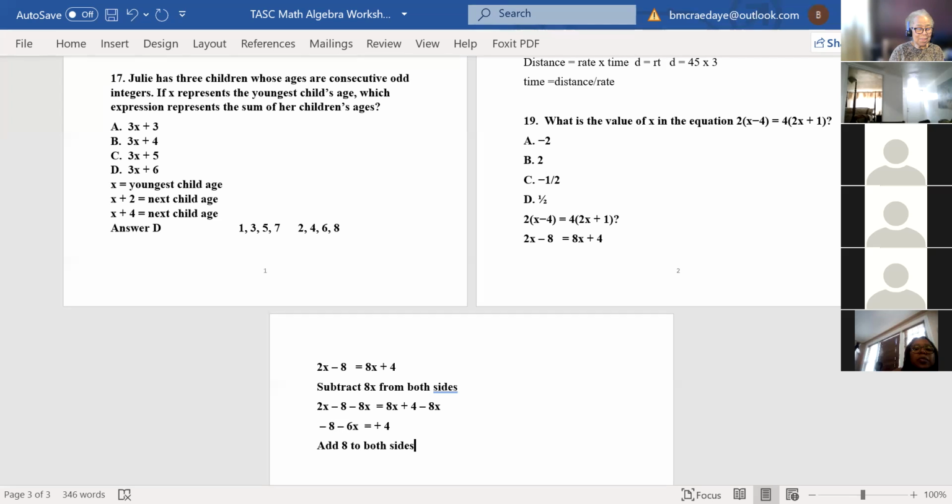Add the 8 to both sides. On the left, I'll just have minus 6x. On the right, I will have a 12, correct? Then solve for the x. Does everybody understand what I put for this one? Because I think you can continue from here. Anybody who thinks they can't continue from here?